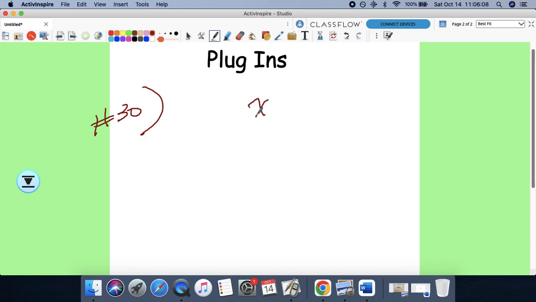So let's make x 20 and let's make y 24. Okay. So they're saying that the difference of those two integers is 4.